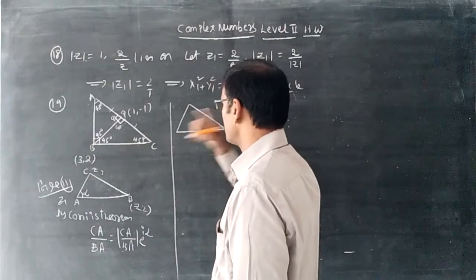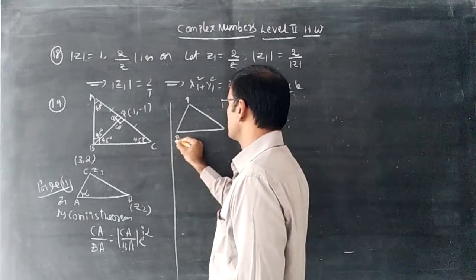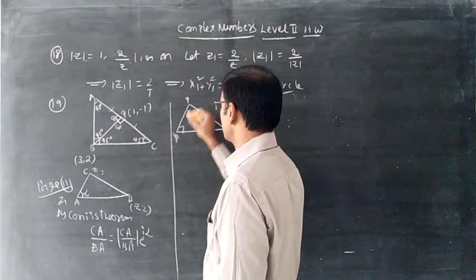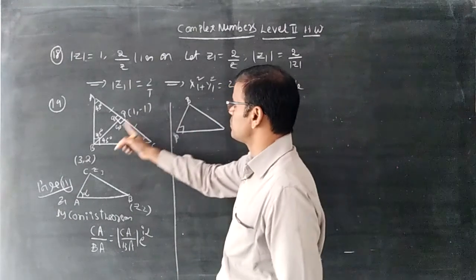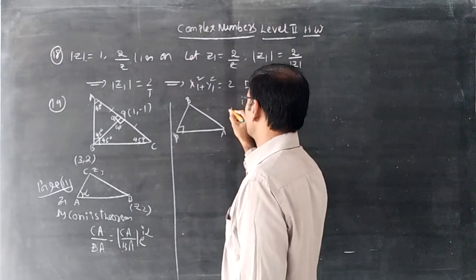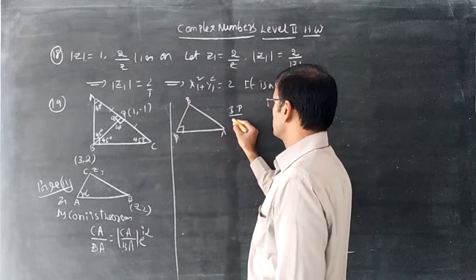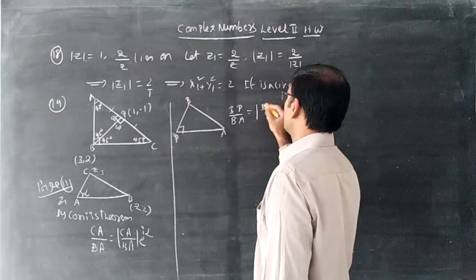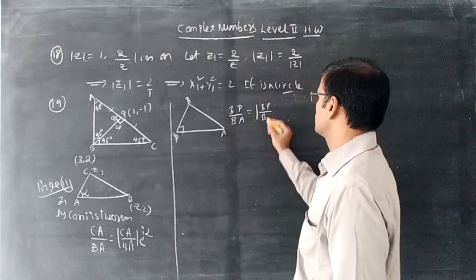Apply the Coni's theorem here. P right here, B. Wherever the angle is mentioned here, P is 90 degrees. Right, like this. And B, take this, BP by BA. BP by BA is equal to modulus of BP by modulus of BA.